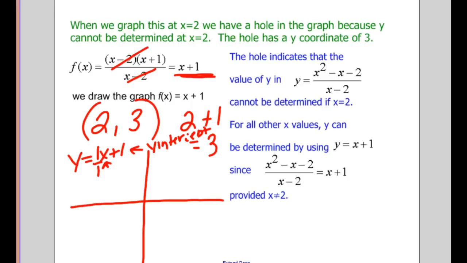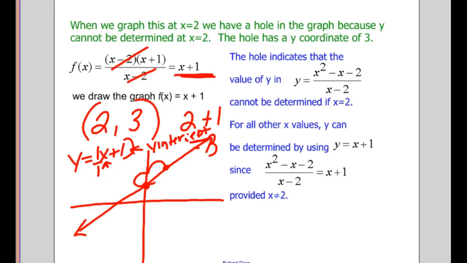We can draw our picture by starting at our y-intercept, which is 1, and then our slope is a rise of 1 and a run of 1. So we can rise 1 and run 1. And if I used a nice straight edge, which I didn't, we have our line that forms.